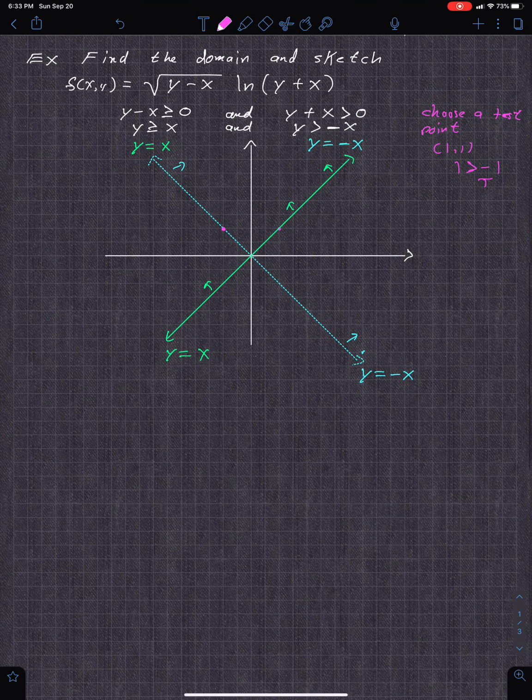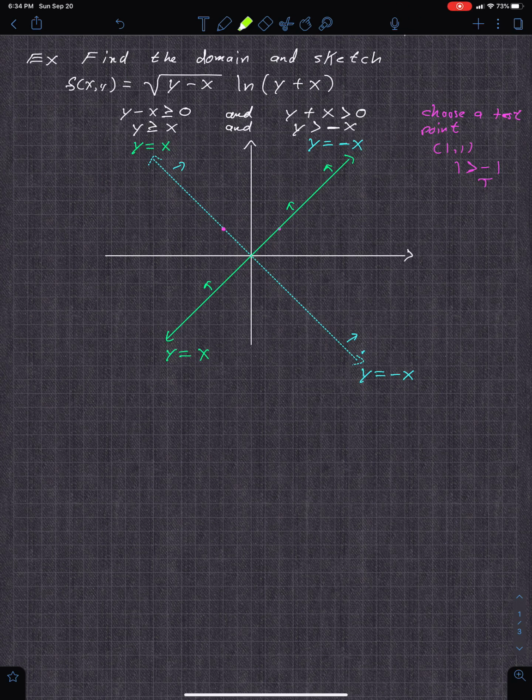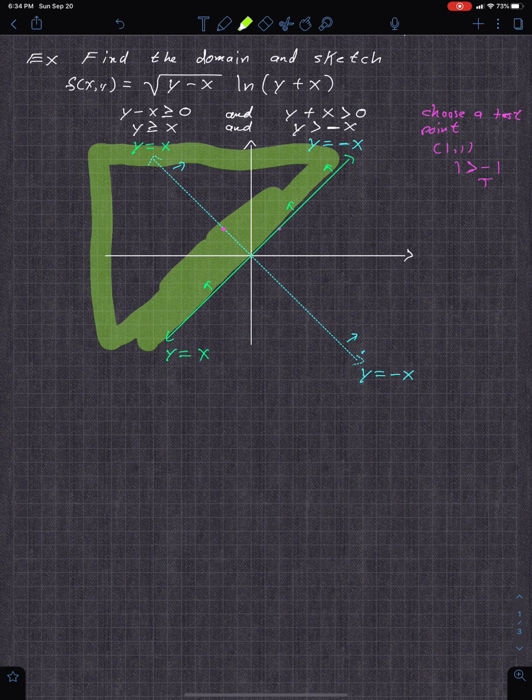when you shaded. So I'm going to use this one. So this basically is shading all this direction, like this. And then the other one, the blue one, is shading all above. So what's the overlapping part?